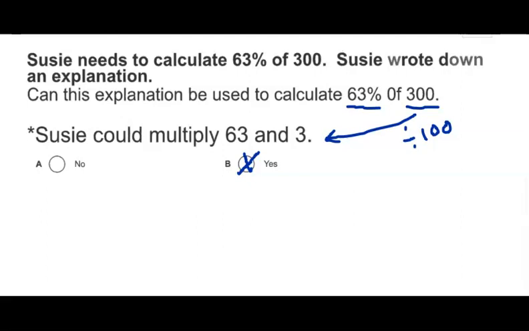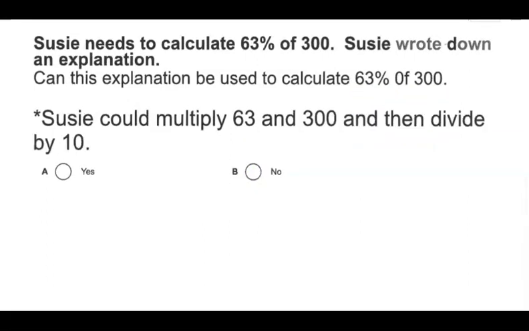So 189 out of 300. That will give you the same answer as if you did 63 divided by 100 and then multiplied by 300. So it's the same thing as doing it that way. You're just doing the other number divided by 100 first.